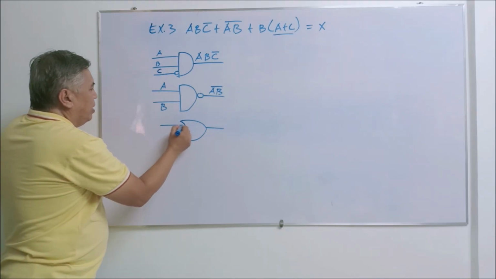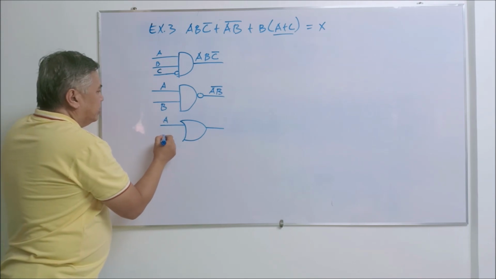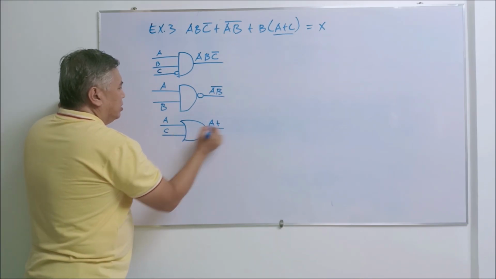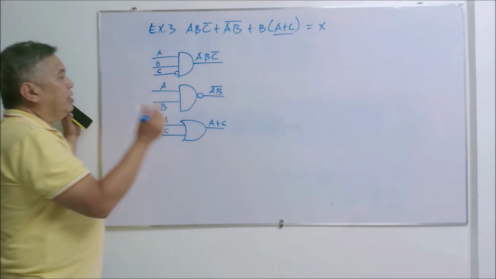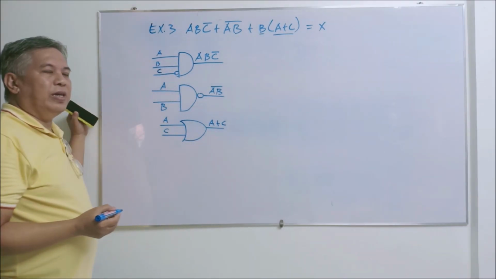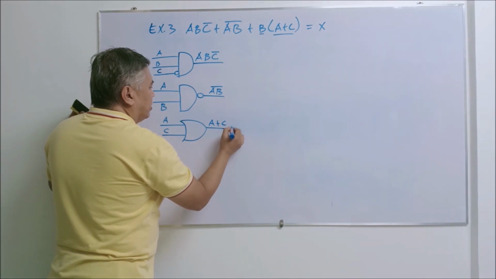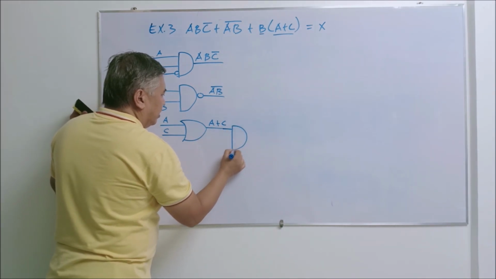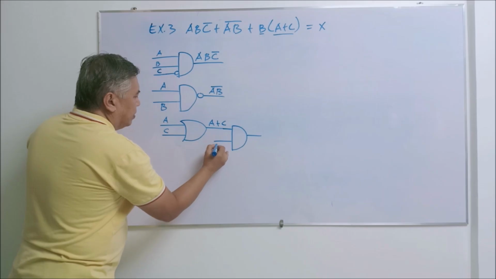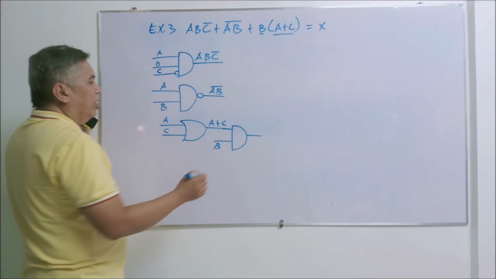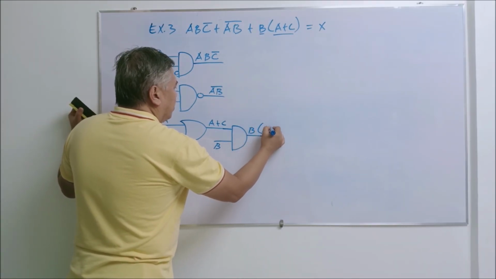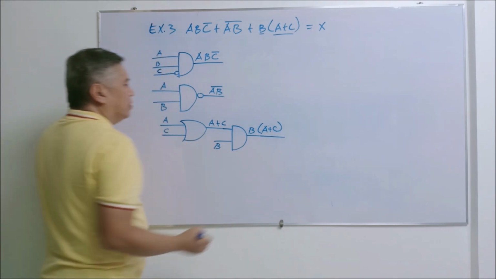So you have A plus C. The output here is A or C. And then this A or C is being multiplied, or ANDed, to B. I mean to B. So the output here will be B times A plus C.